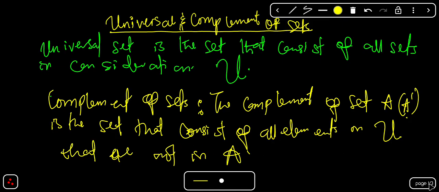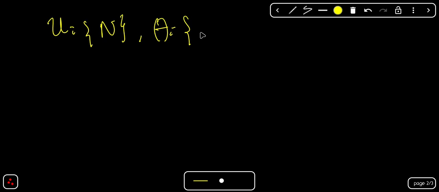Beautiful. Now let's look into some examples. Let's say the universal set equals the set of all natural numbers. Then I have set A equals the set of even numbers. Then I ask us to find A complement. So A complement will be what?